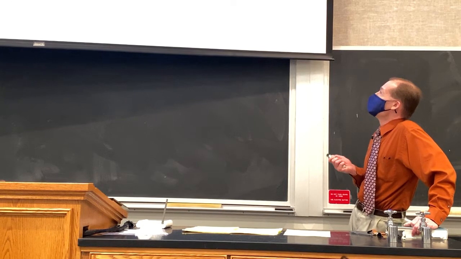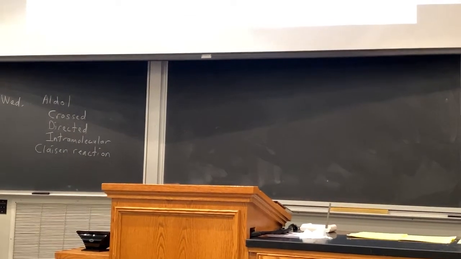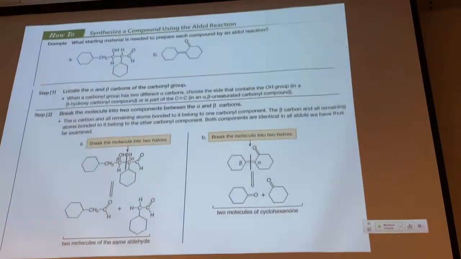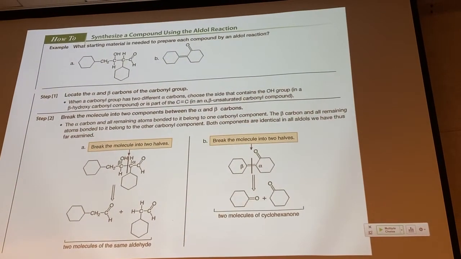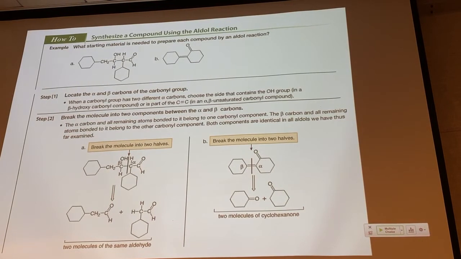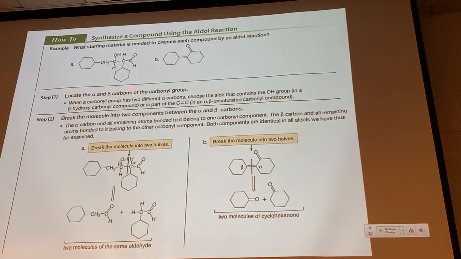So what this graphic here is teaching us is how to disconnect a target compound into the aldehyde or ketone that would be used to make that target compound via an aldol reaction. We locate the alpha carbon of our carbonyl group.